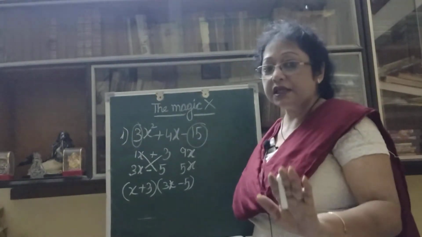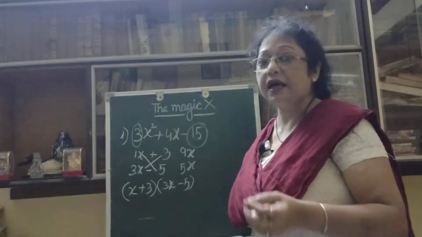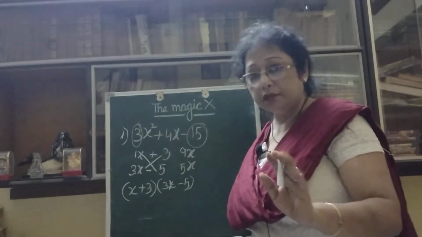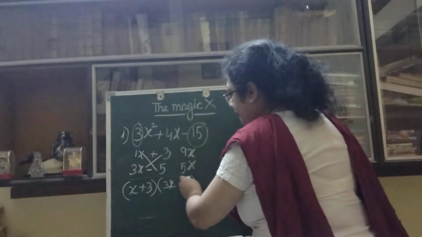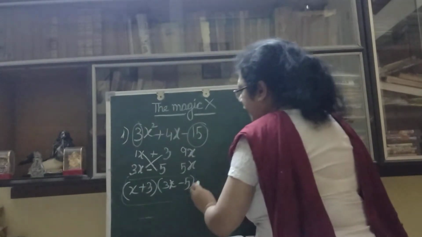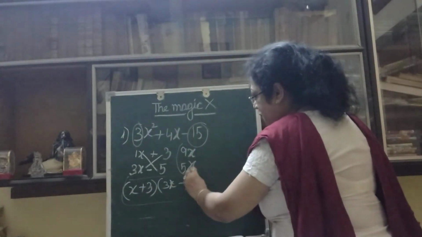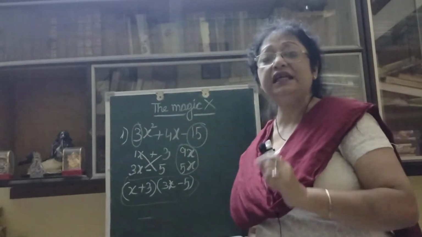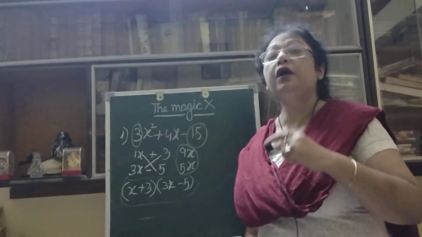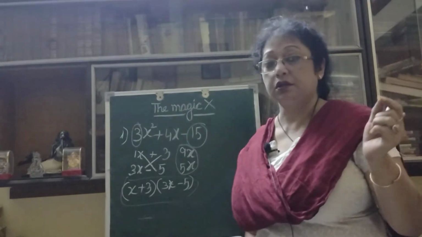Okay. This way, if you do it in the exam, you will not get marks. I know that. So, don't write the direct answer. You can split the middle term with the use of this trick easily and quickly. You do not have to think a lot.